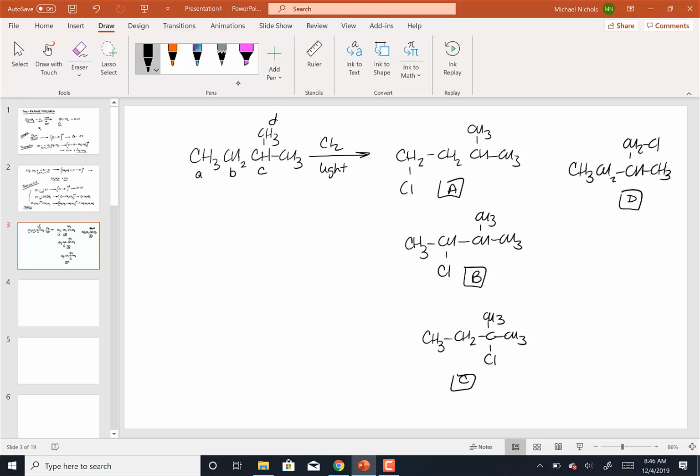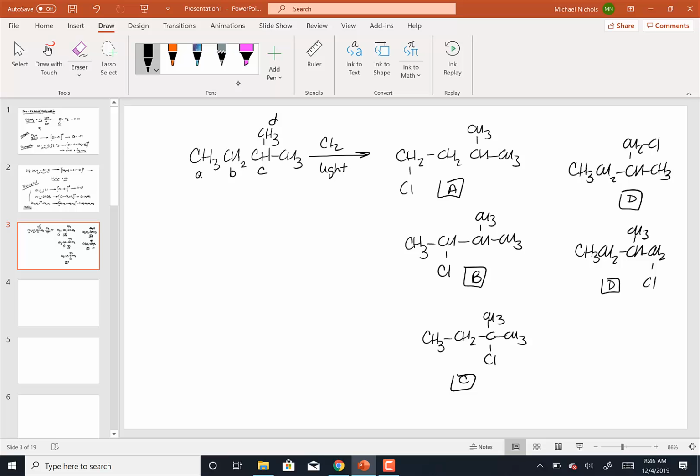And then you might say, what about the other CH3 group? Well, if I replace a hydrogen with a chlorine on the other CH3 group, what do I get? I get the same product D again.